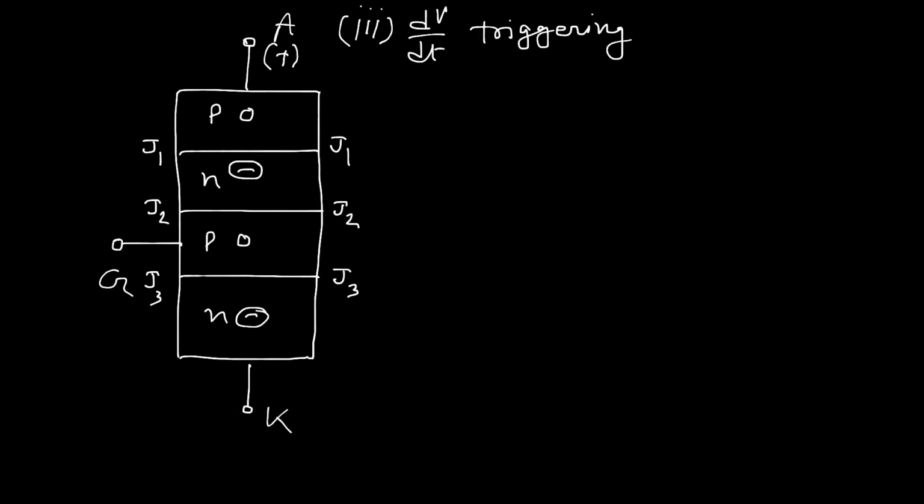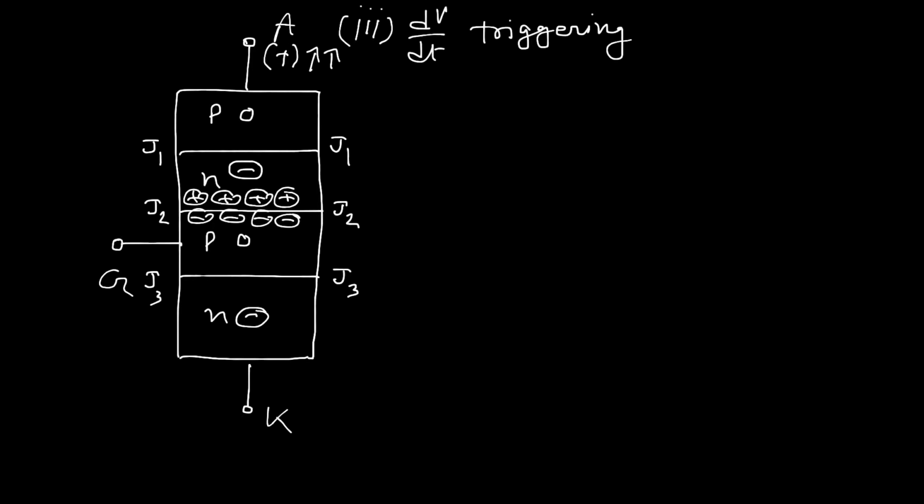If we increase the anode voltage very suddenly, then a few immobile charges are confined across junction J2. That means it is a kind of parallel plate capacitor, so junction J2 behaves like a capacitor.